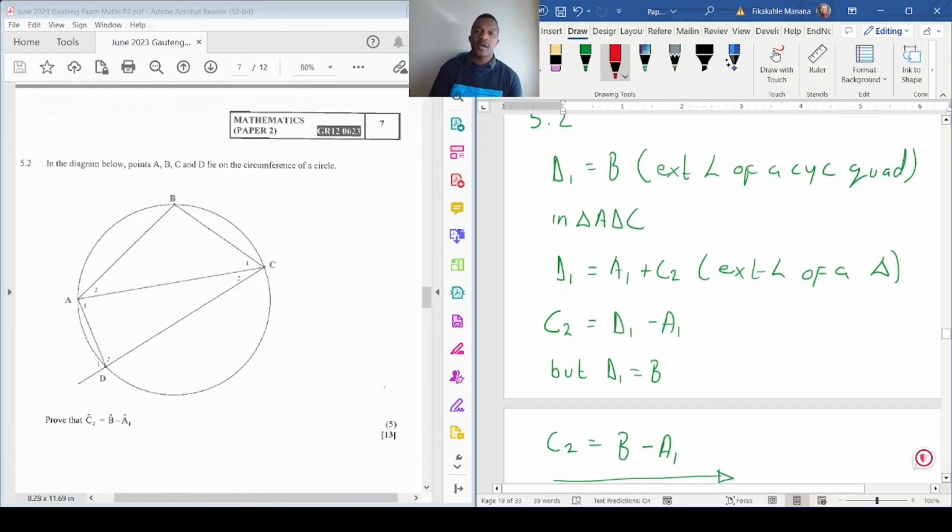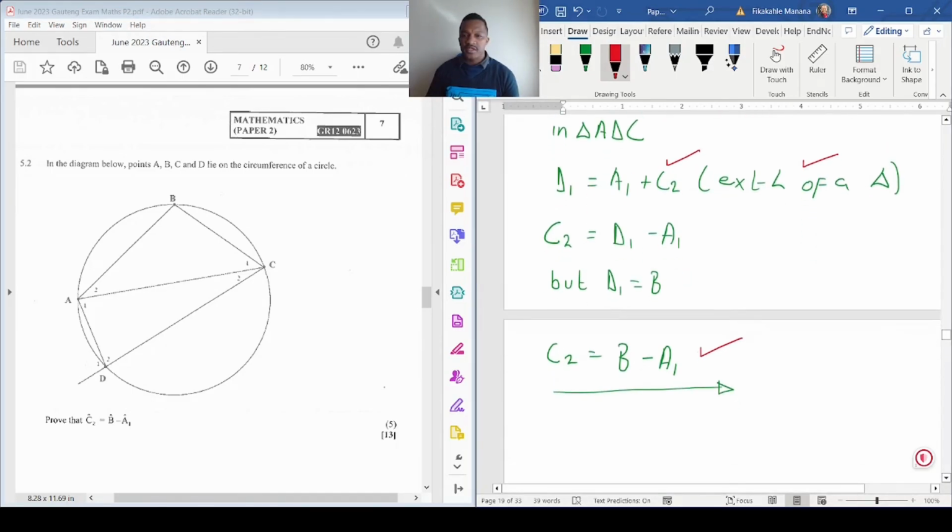Okay, let's find the marks. So first mark, that reason with the statement. Okay, second mark is the statement and the reason, and then the final mark is the answer, of course.